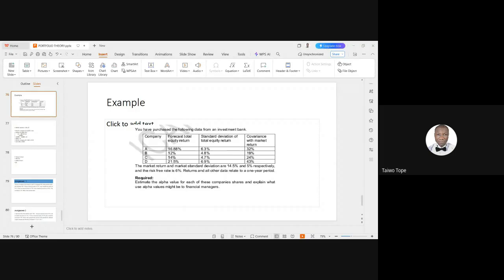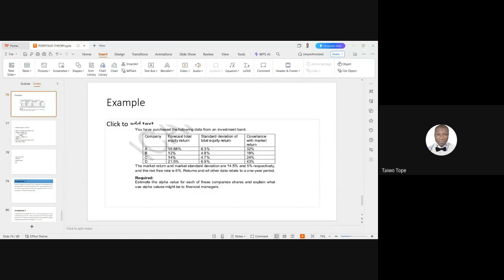Go to 299 and 300. You see this question there, and the solution likewise. But follow the analysis I've shown you. I'll forward the slide, then you complete the solution.